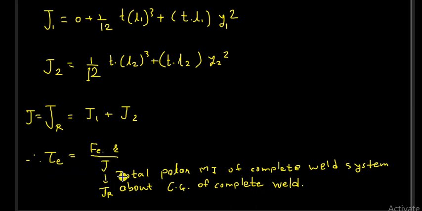Once we have got this J value, the total polar moment of inertia of the complete weld system about the CG of the complete weld system, right? We will find the tau, that is the torsional shear stress, and by finding the resultant of the torsional shear stress and the direct shear stress, we will get the combined or resultant shear stress, which should be lesser than the yield shear stress or maximum shear stress, right?